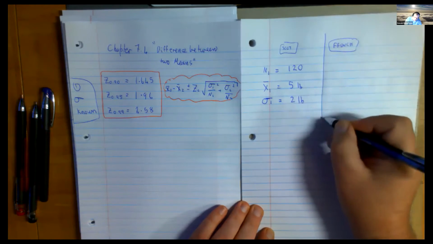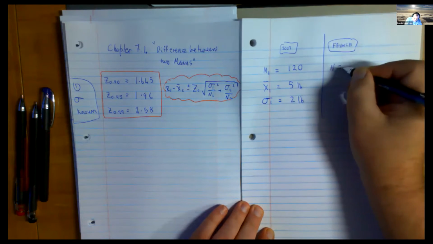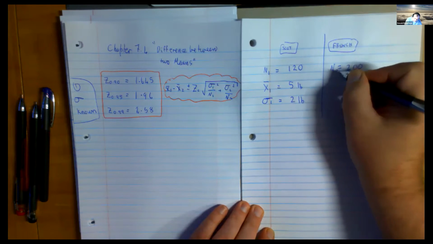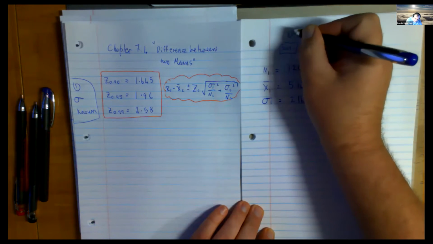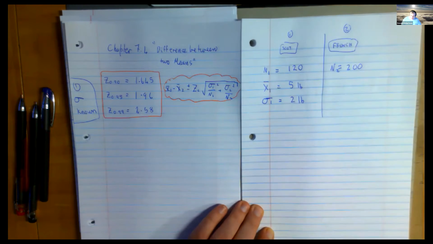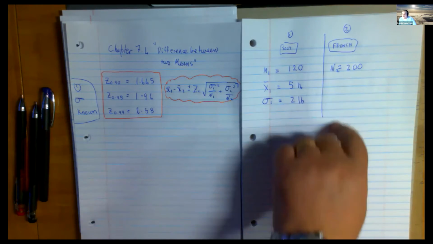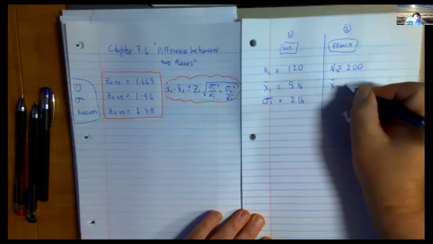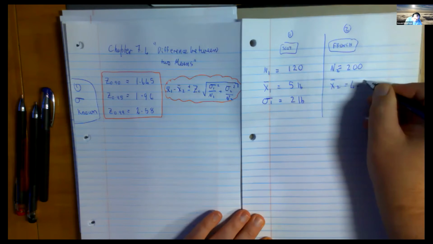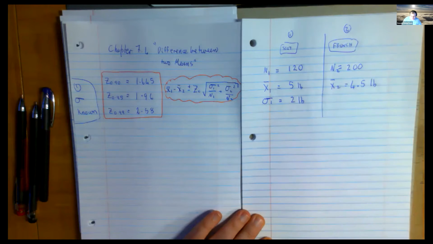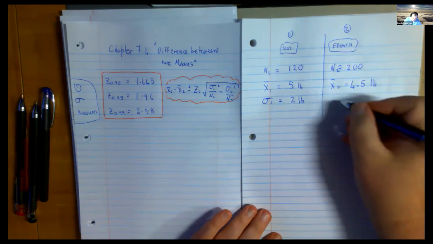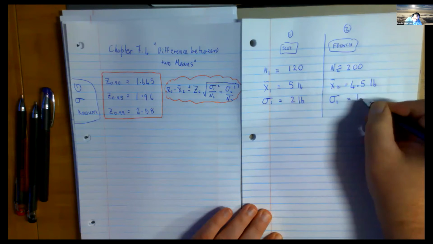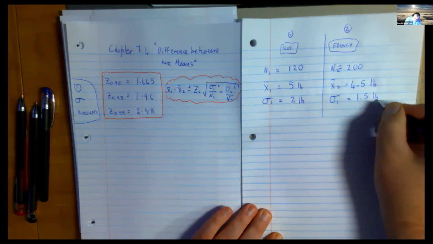And then we go over and we collect a sample of French rabbits. And let's say there's 200 of those, so we'll call that N2. Basically, you call the first one 1 and the second one 2, and you name things that way. And we found that the mean of them was 4.5 pounds, and that the standard deviation was 1.5 pounds.